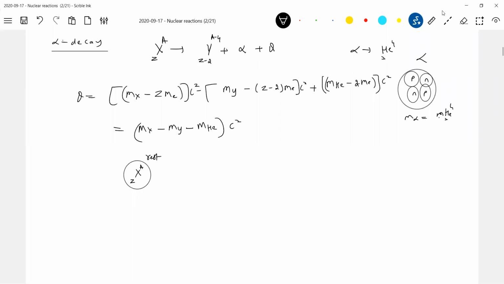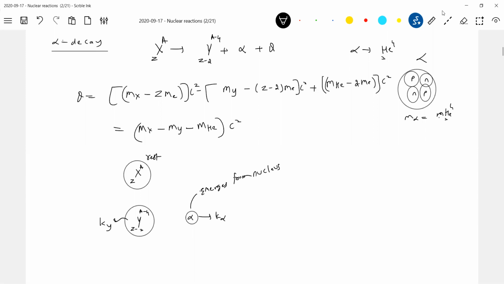It will emit an alpha particle and then become the daughter Y, which will have kinetic energy Ky, and the alpha particle emitted emerges from the nucleus. Initially it was at rest and finally they are moving.